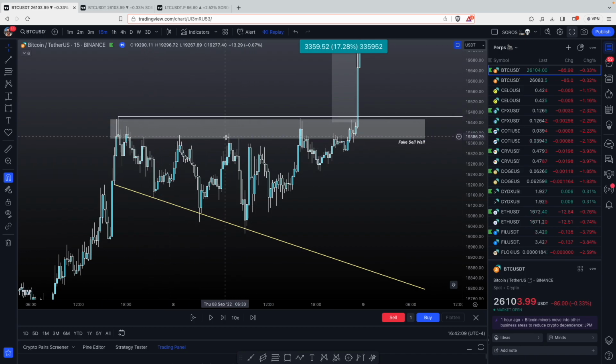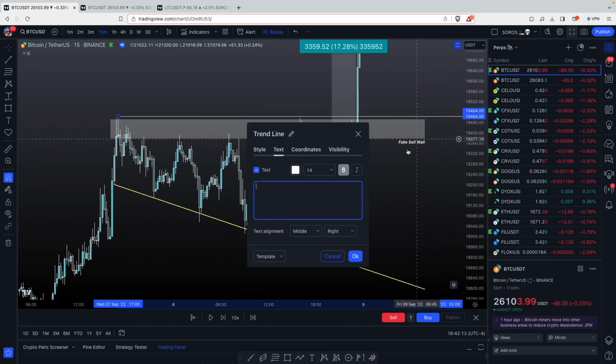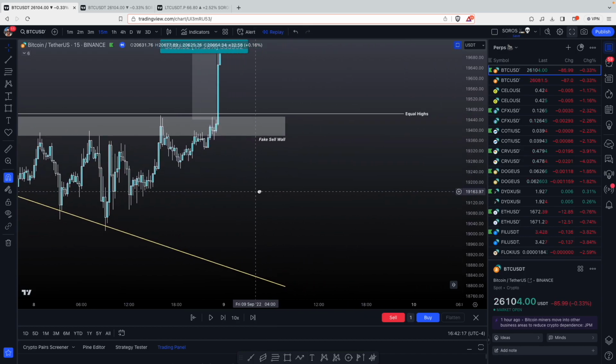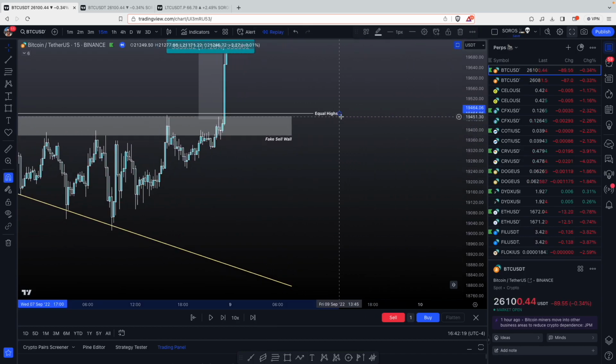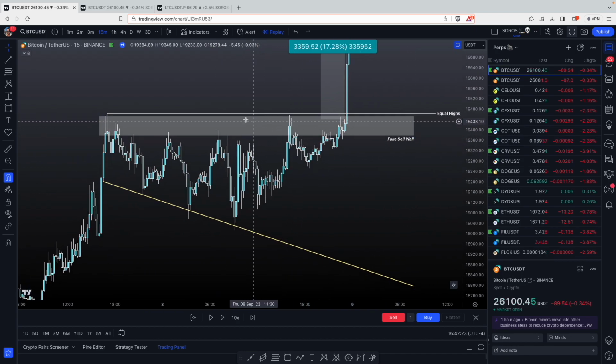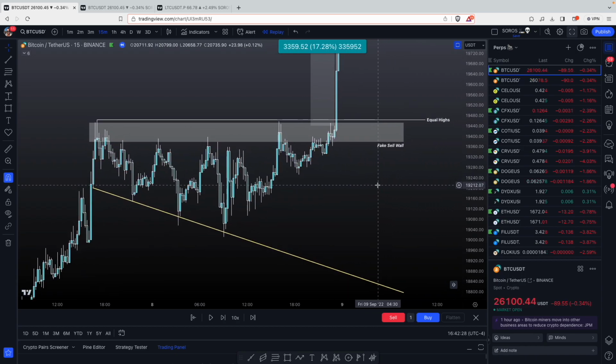So that's creating the bottom of the sell wall, and then the high, but within that sell wall it's creating equal highs. If you zoom in like that, you have equal highs here.